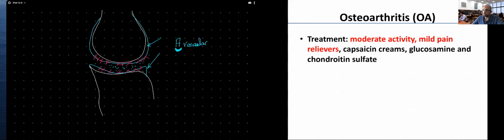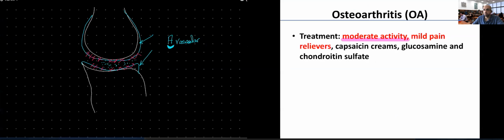So treatment for osteoarthritis, we highly recommend moderate activity. What kind of activity would you like to recommend to a patient with osteoarthritis? What do you think? What kind of exercises would you recommend? Walking? But walking will put a lot of stress on the knee joint, right?